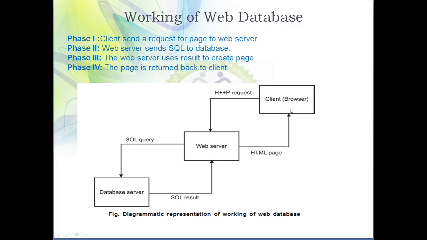It is based on client-server architecture, because whenever you access a web application, the client uses the browser to request particular data stored on the server, and that data is accessed over the internet. So it requires an HTTP request and an HTTP response. This is how your web database works.